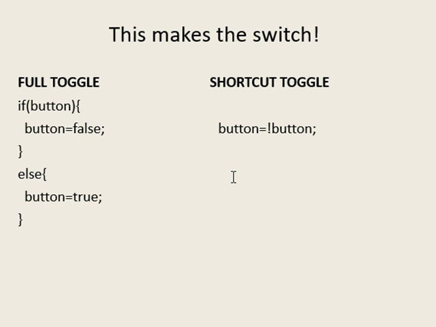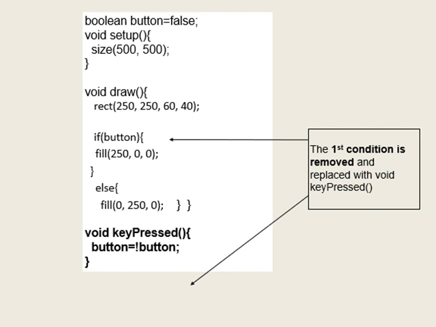It's just like a haiku, but maybe this is one of those coding situations where you want to just accept it and memorize it, and then I don't know how much sense it makes. But what we write here is button equals not button. And that's our haiku. So button equals not button. That's a toggle. So we're saying button equals not button is like going back and forth between true and false.